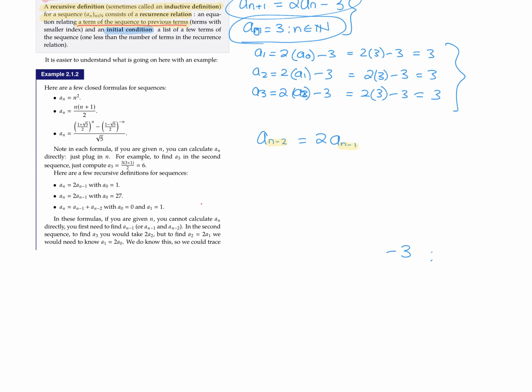Here are some closed formulas. A closed formula is a formula that gives you the general term. Now, what's the advantage of a closed formula? The advantage is access.